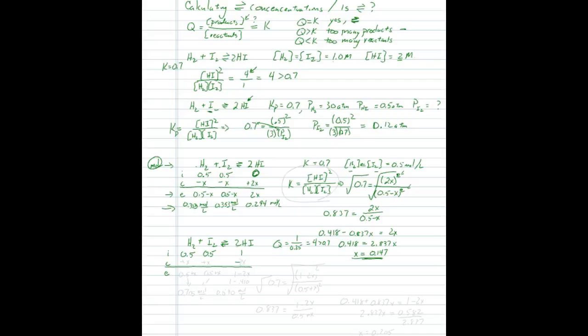So you're going to subtract x, not just x, but 2x because of the coefficient. Wherever the coefficient is here, you're going to put the coefficient down there. Same thing. Here you're going to add x and add x. 0.5 plus x, 0.5 plus x, and 1 minus 2x.